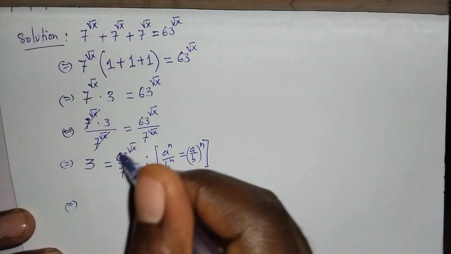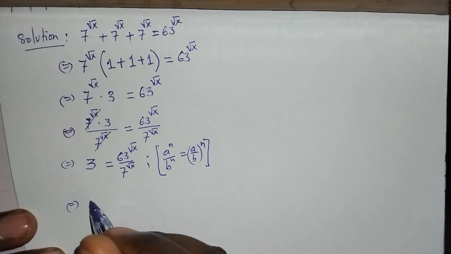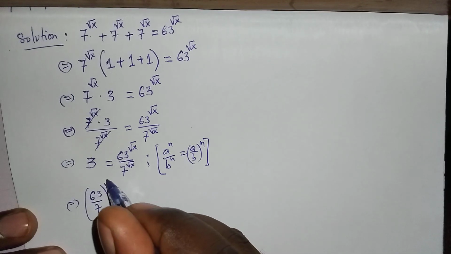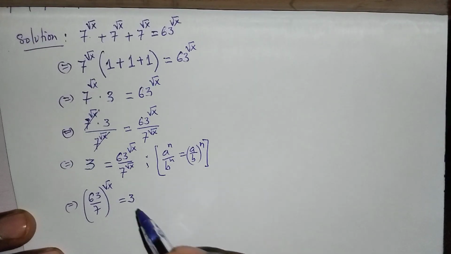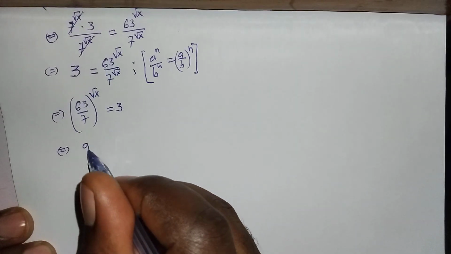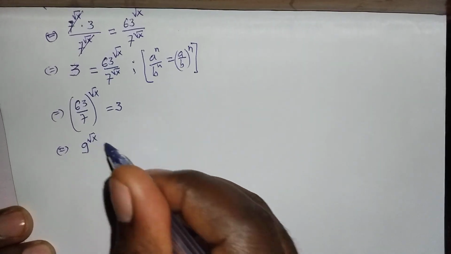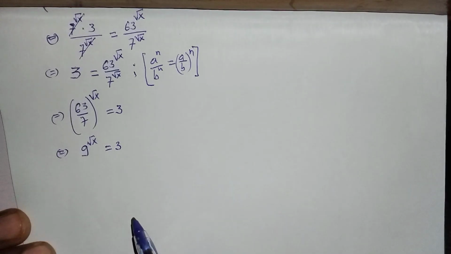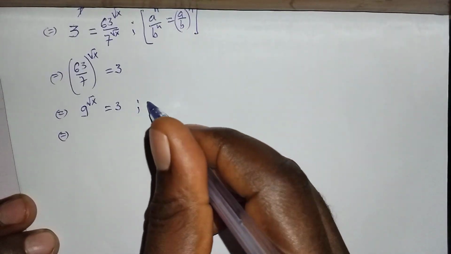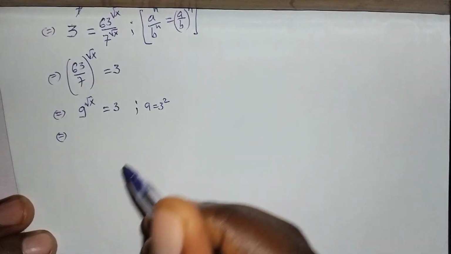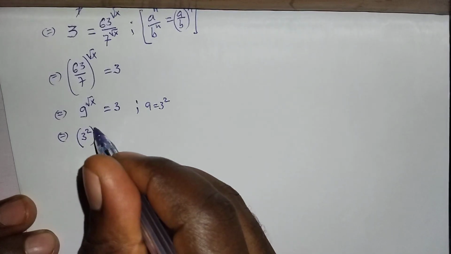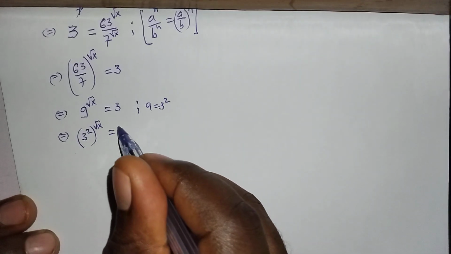So let's start from here: (63 over 7) all power √x is equal to 3. 63 over 7 is equal to 9, so 9^√x equals 3. 9 is the same as 3 squared. So (3²)^√x is equal to 3.